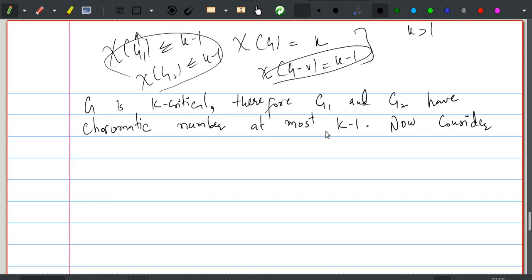But as far as k minus 1 is concerned, we always have a k minus 1 coloring of G1 as well as G2. Now consider a k minus 1 coloring of G1 and a k minus 1 coloring of G2.